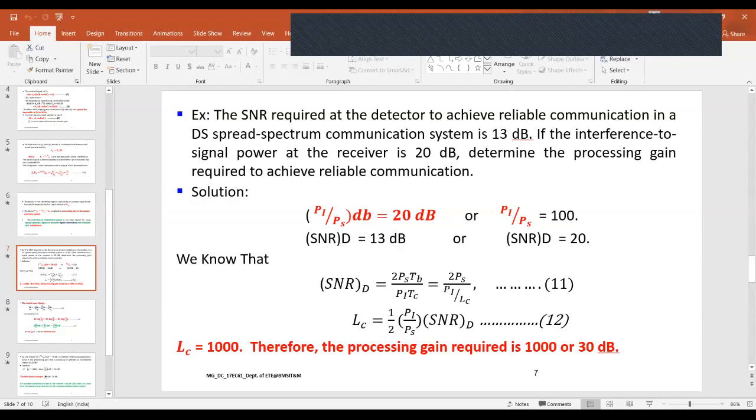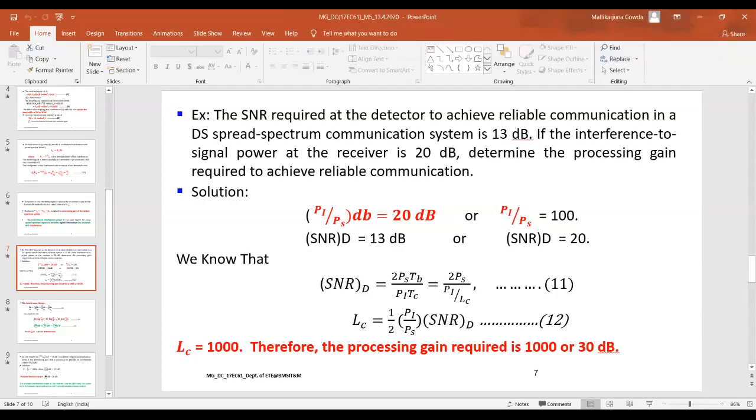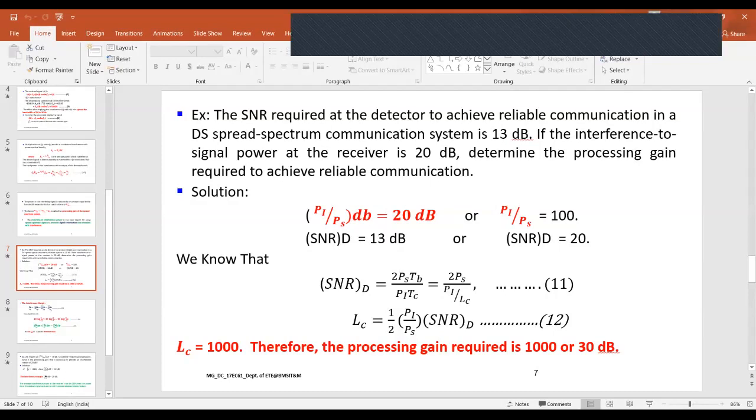We have taken this equation from the previous lecture. You need to remember this, because I'm not going to derive how I get the SNR as this: 2 times the signal power into the bit duration divided by the interference power into the chip duration.